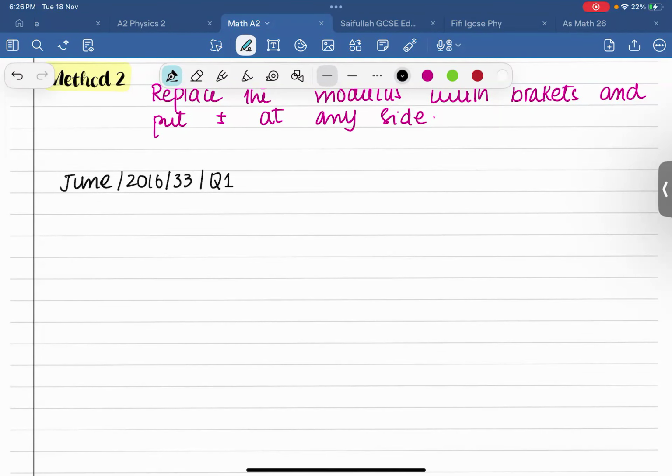I have the inequality 2 modulus x minus 2 greater than modulus 3x plus 1.